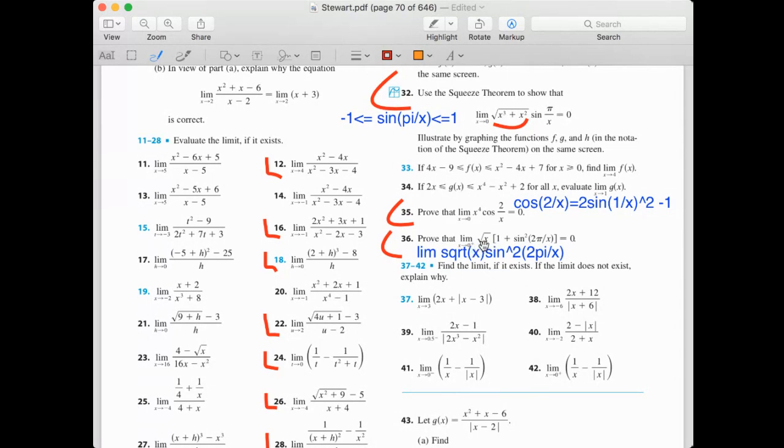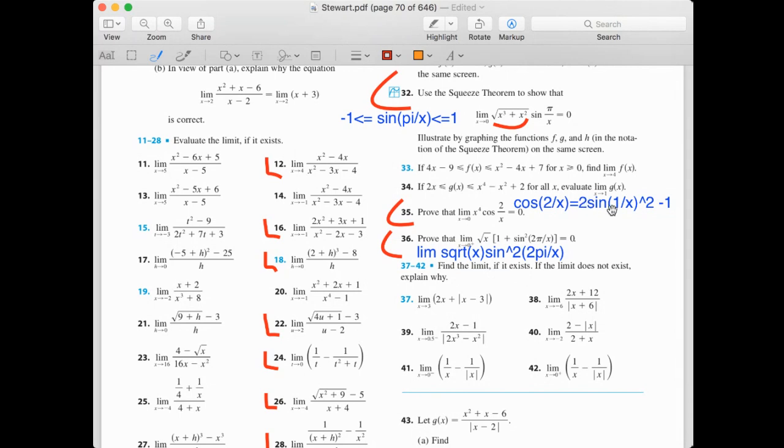Let's just take the middle part, because this is sine squared. Like Amir advised in the beginning, we could use the half angle formula to change this.